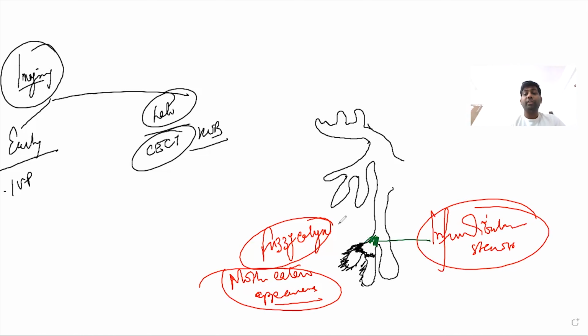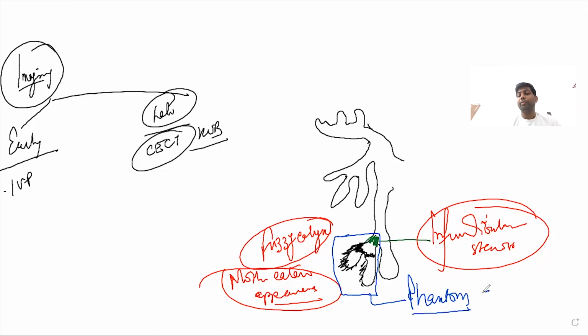This part of the calyx gets separated and does not pick up the contrast on IVP. This becomes a phantom calyx. So one of the causes of phantom calyx is genitourinary tuberculosis.